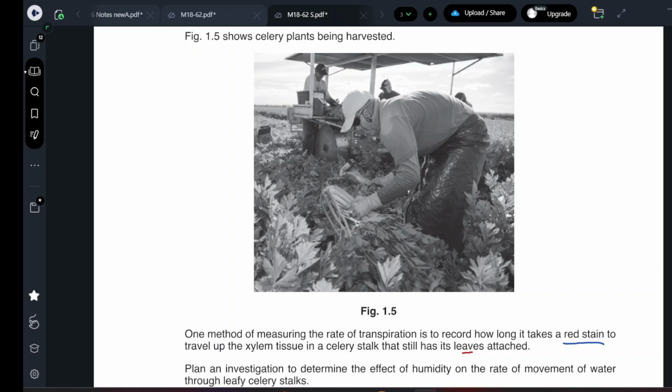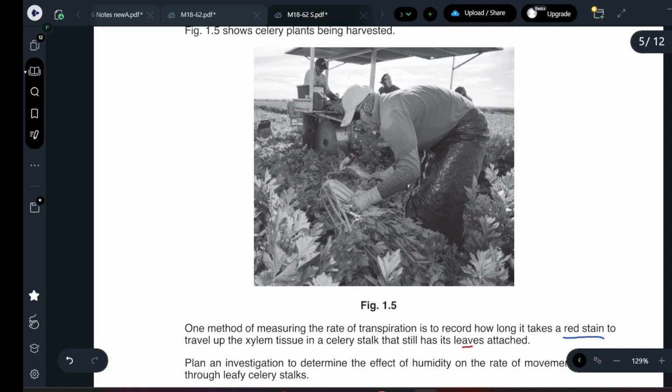He is measuring the time. Although if you wrote cutting pieces, it will also be correct. In this experiment, how is he measuring the results? He said that you can use this method. Record the time taken for the red stain to travel the xylem tissue in the stalk that still has its leaves attached. Plan an investigation to determine the effect of humidity on the rate of movement.